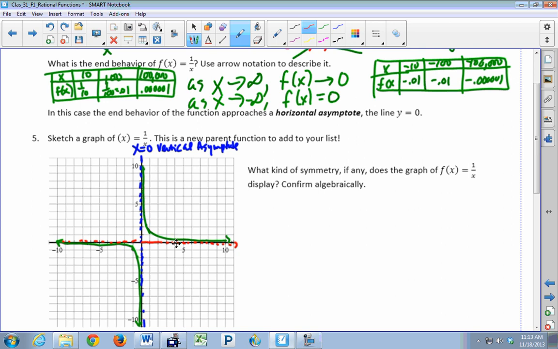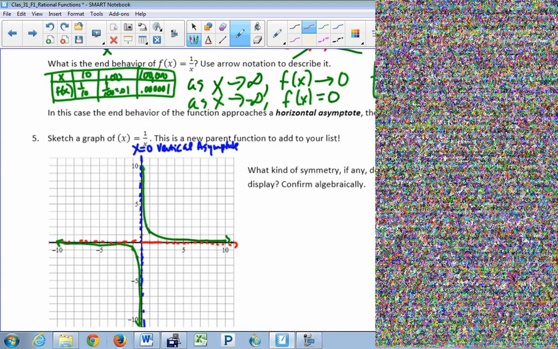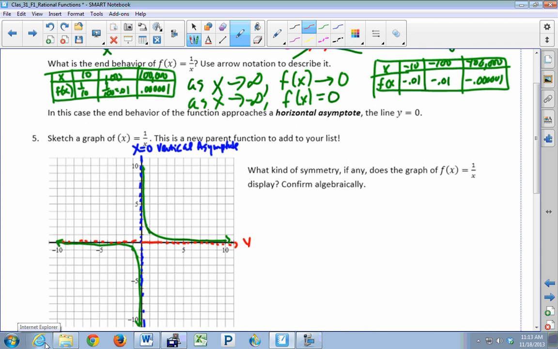Same thing with your horizontal asymptotes. They're really lonely creatures, so you want to get your graph really close to them. Your horizontal asymptote has the equation y equals 0. That is all of the discussion of the reciprocal function.